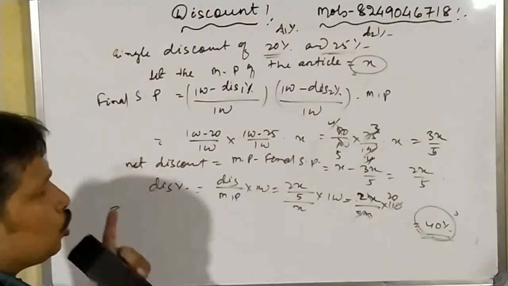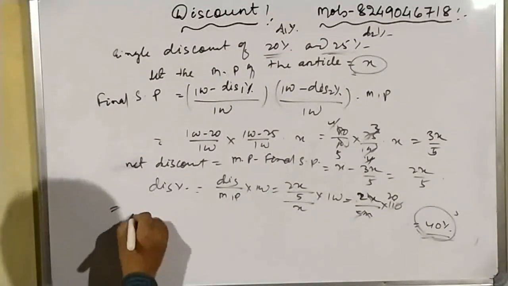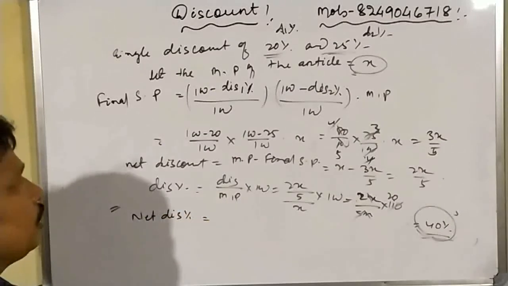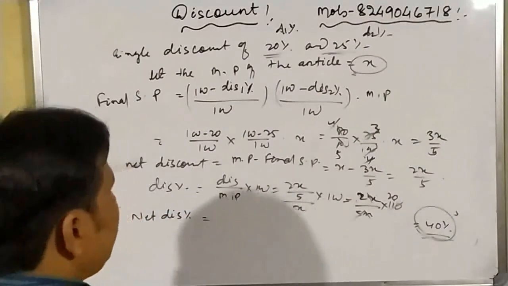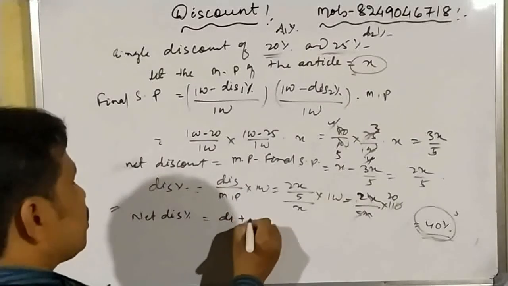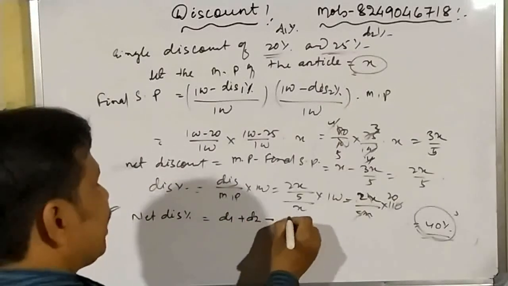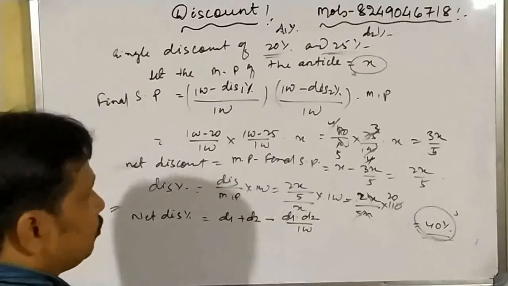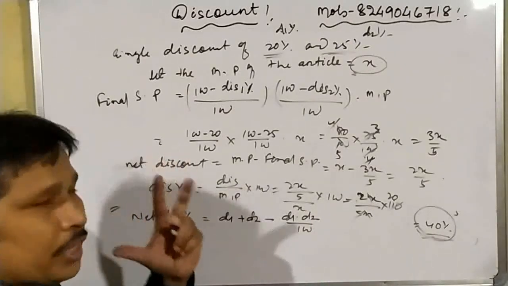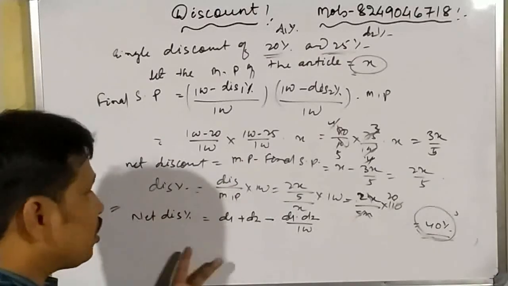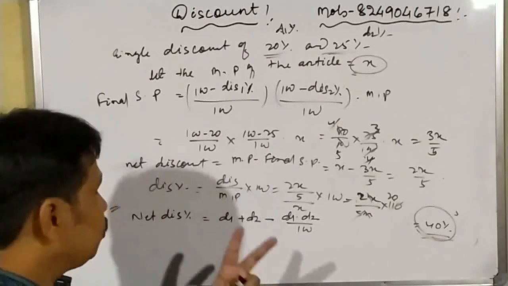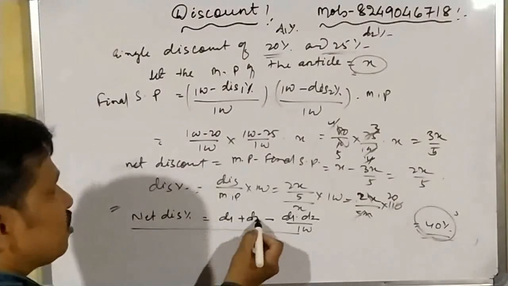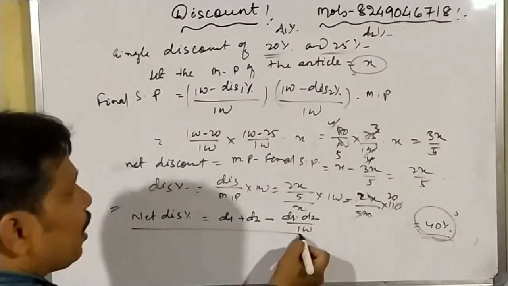Okay student, write down this formula: net discount percentage is equal to D1 plus D2 minus D1 into D2 by 100. If there are two discounts, this is the formula you will use to find the net discount percentage: D1 plus D2 minus D1 into D2 by 100.